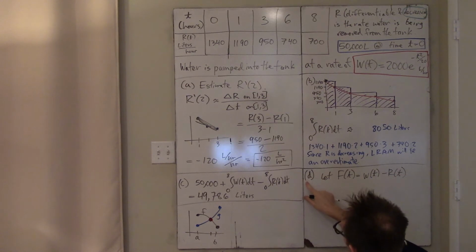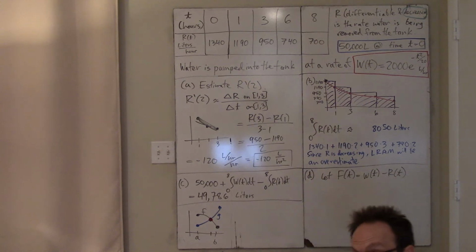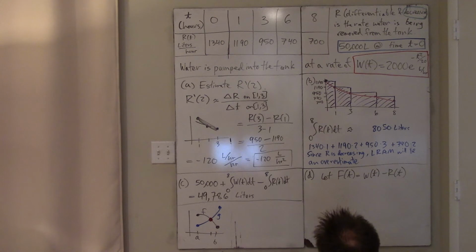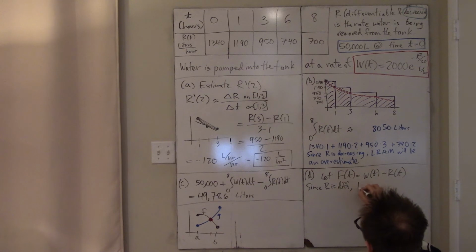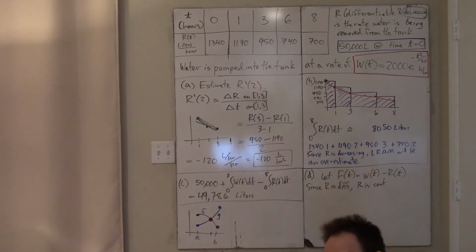Now here they want you to really show off your understanding of this. What I would like to do is apply the intermediate value theorem, but first you need to say a couple things. So since r is differentiable, that's what they told us in the problem, then we know that r is continuous. That's important because every differentiable function is also continuous, or rather if a function is not continuous, it's not differentiable.